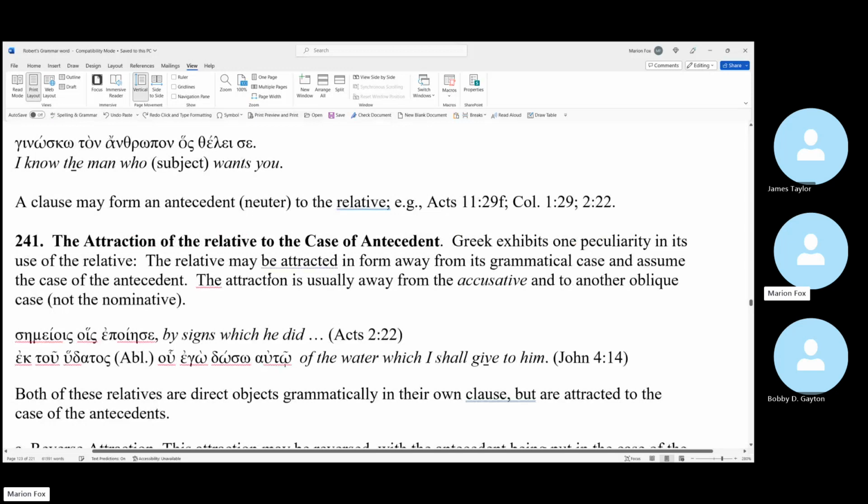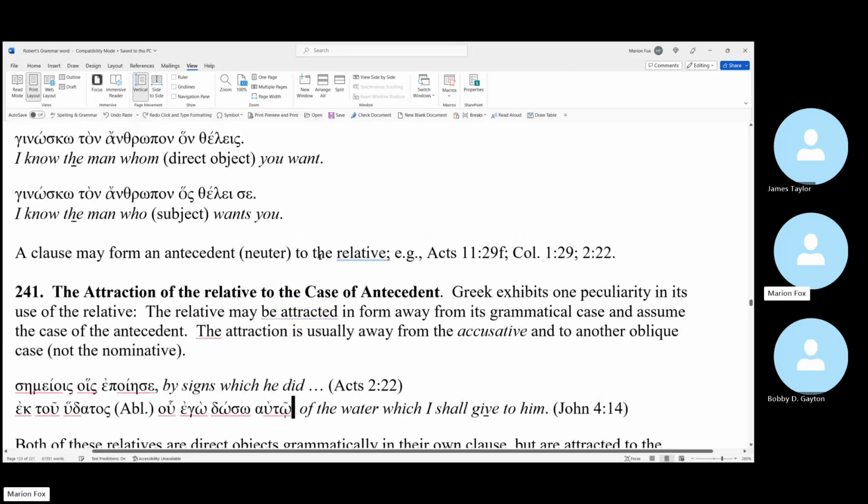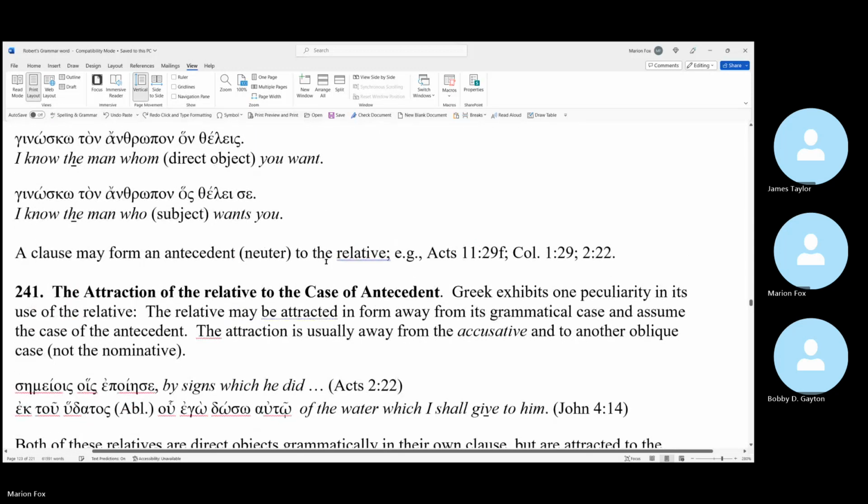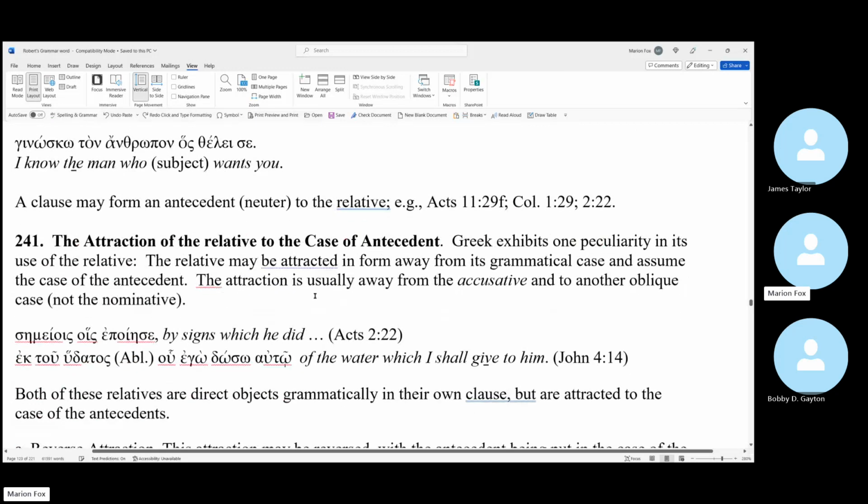The attraction of the relative to the case of the antecedent. So it can be attracted to the case of the antecedent, and that's a peculiarity. The relative may be attracted in form away from its grammatical case, from how it's actually functioning, and assume the case of the antecedent.